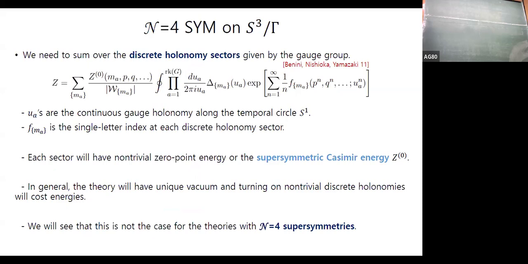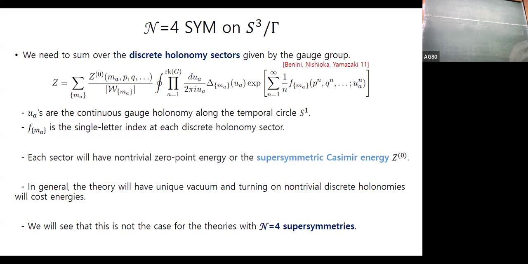The index will have this schematic form. Here the U_a are, as you have seen from the previous talks, nothing but the continuous gauge holonomy along the temporal circle, and this F is the single letter index at each discrete holonomy sector.